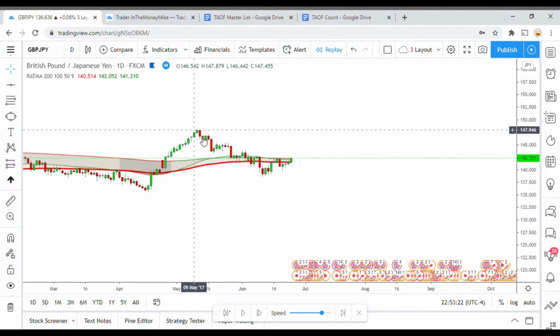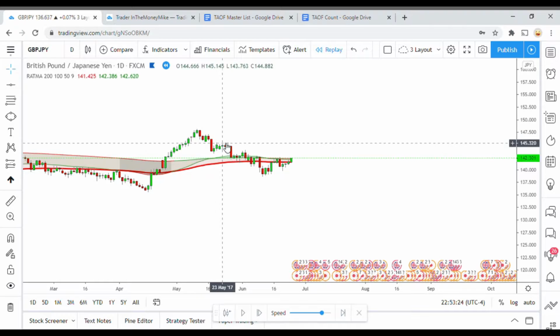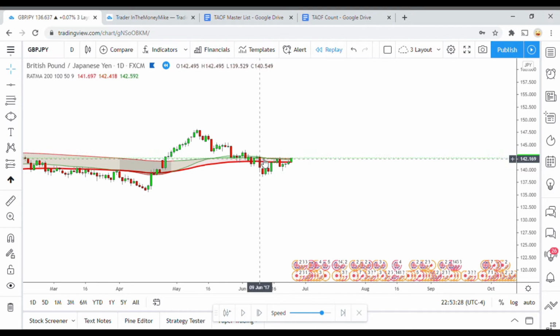So this is one of those really defined setups where you can see clean, clear cycles followed by a head and shoulders type pattern, or even some people call it a cup and handle.